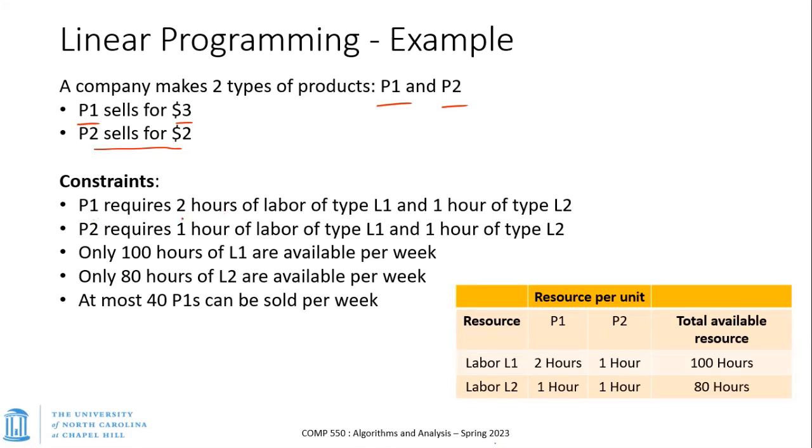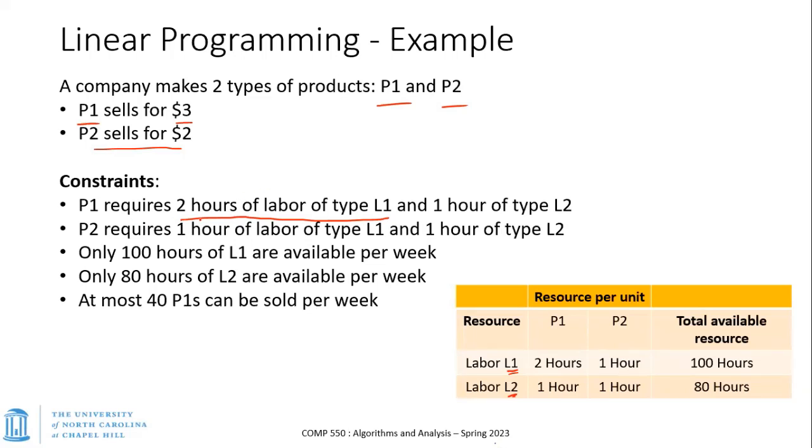P1 requires 2 hours of labor of type L1. For example, L1 could be workmanship. If you're creating a toy, let's say you have 2 types of resources, you need to get that thing actually made, and then maybe L2 is painting the toy.